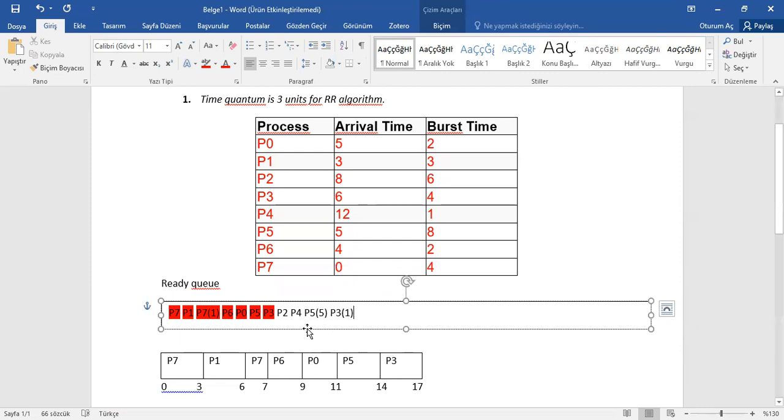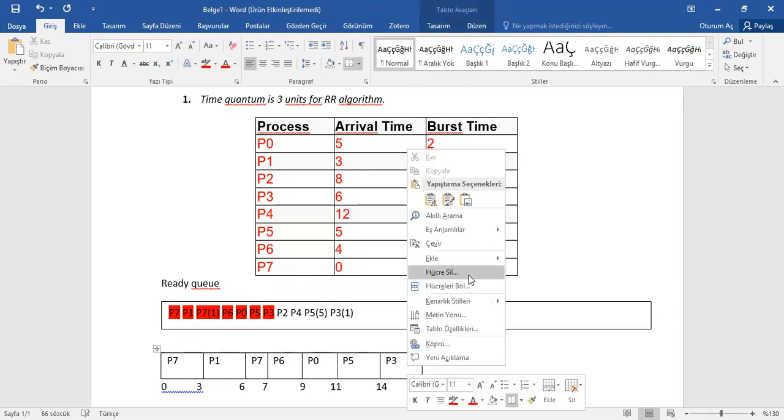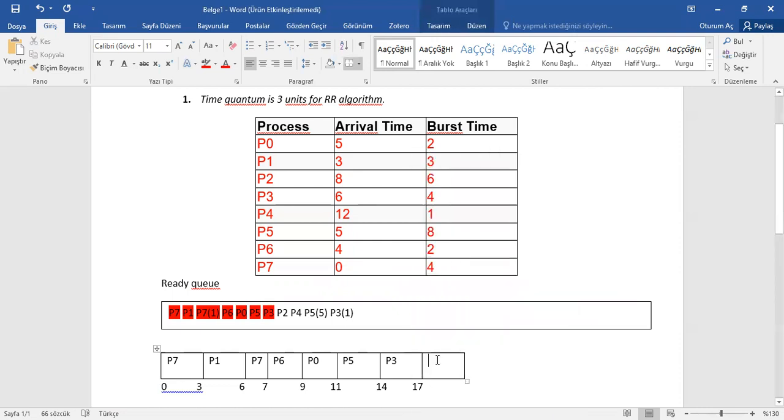Okay. Then P2. P2 has 6 nanoseconds, but I have to execute 3 nanoseconds. P2, 3 nanoseconds, so it will be 20.